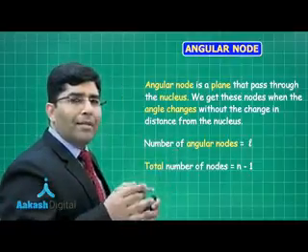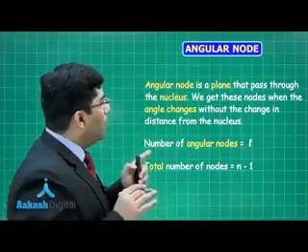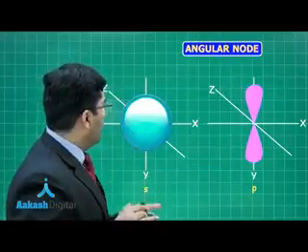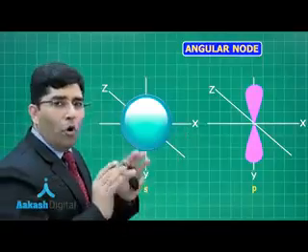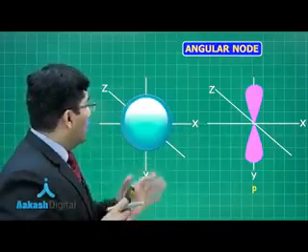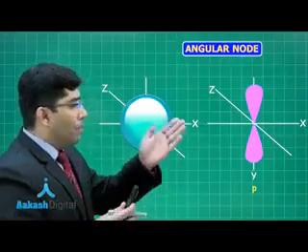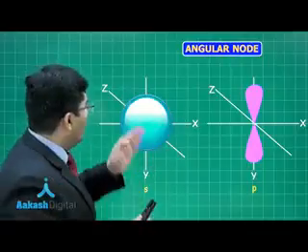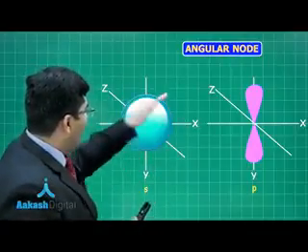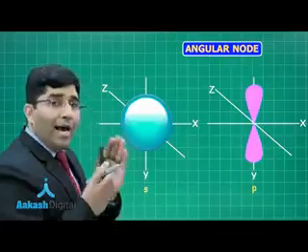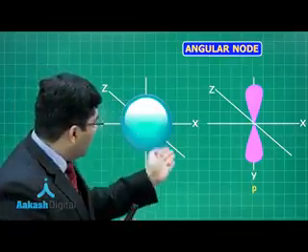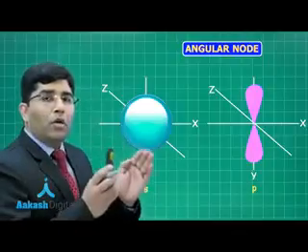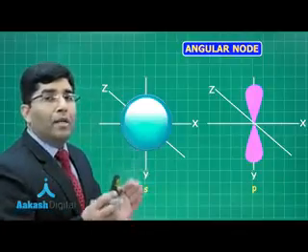So let us see the actual meaning of an angular node. Now this is S, this is P, the shapes we all know. Now we have a plane and we have to cut this S subshell in such a way that if we pass that plane through the nucleus, then the electron cloud should not come in between.